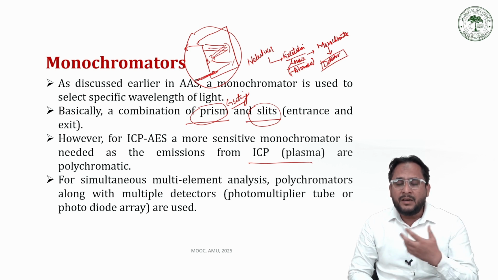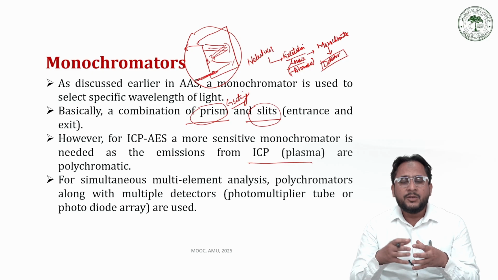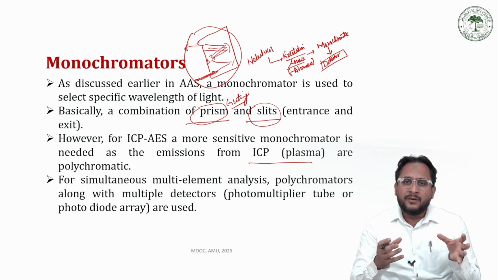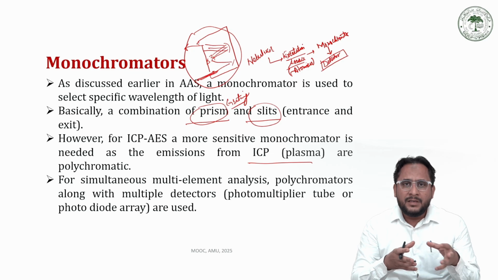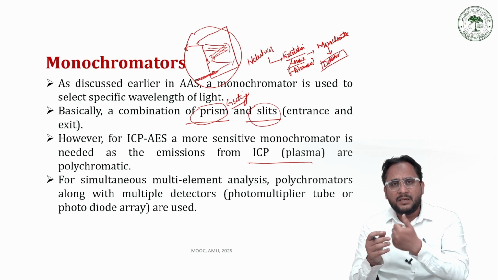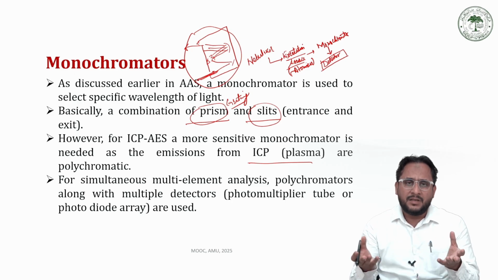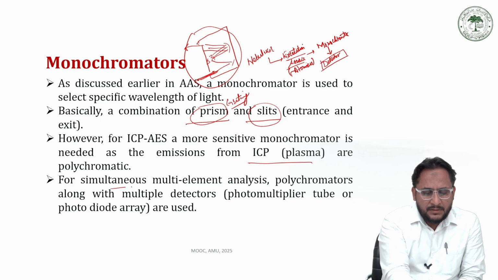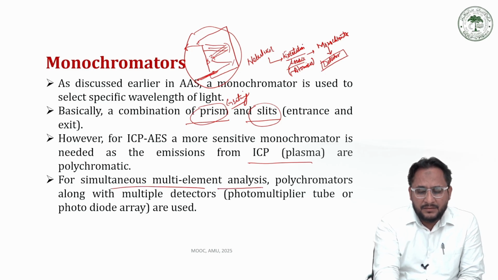That is the main advantage of ICP, that it can be used to analyze multiple elements simultaneously, and for such a case we do not need a monochromator, but we need a polychromator. We'll discuss that in some other lectures. So as it is written, for simultaneous multi-element analysis, polychromators are used.